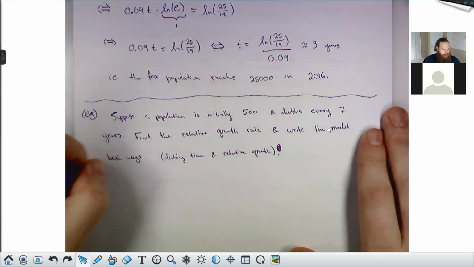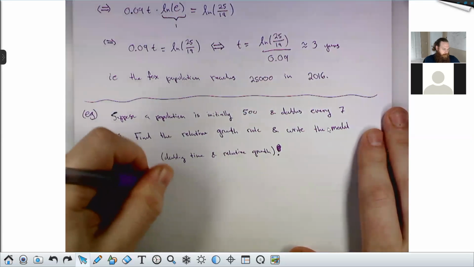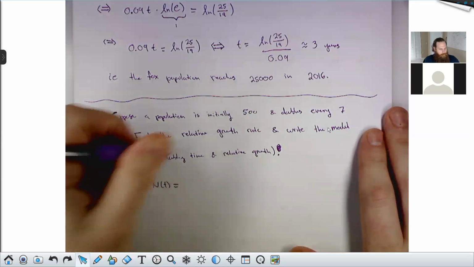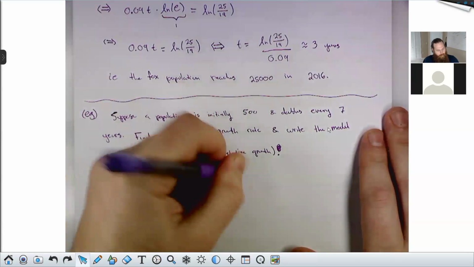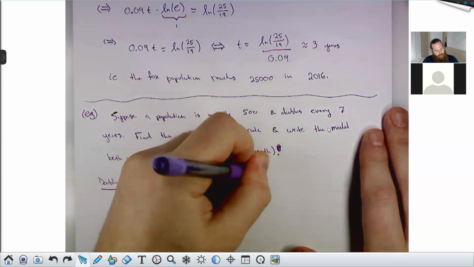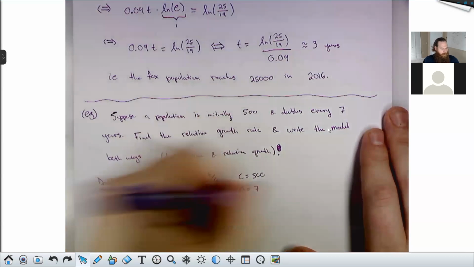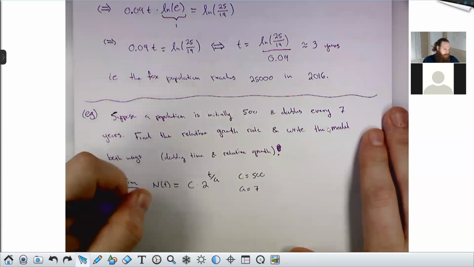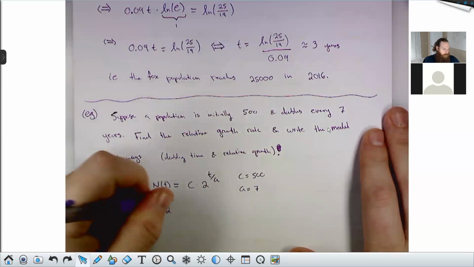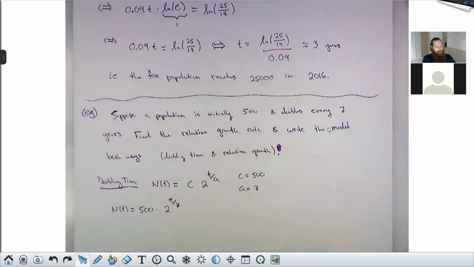So from the doubling time perspective, this population follows the formula C times 2 to the T over A, where C is 500 and A is 7. So N of T is 500 times 2 raised to the T over 7.